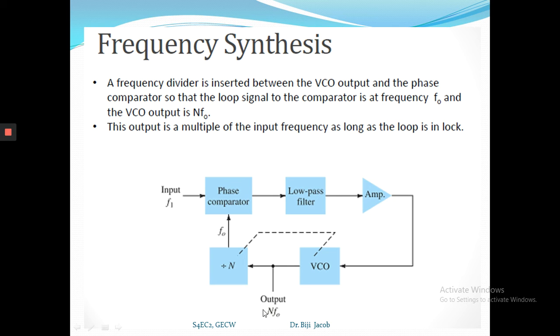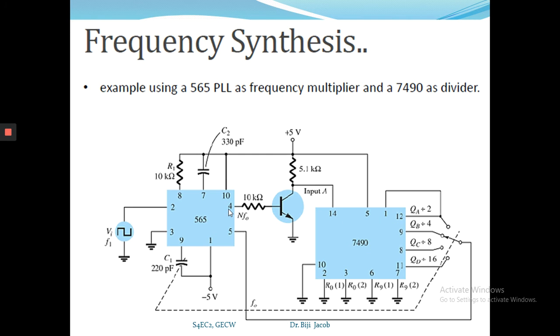That means the output frequency of the PLL will be the input frequency divided by a factor N, determined by the number of flip-flops or the counter, such as a decade counter or mod 4 counter.